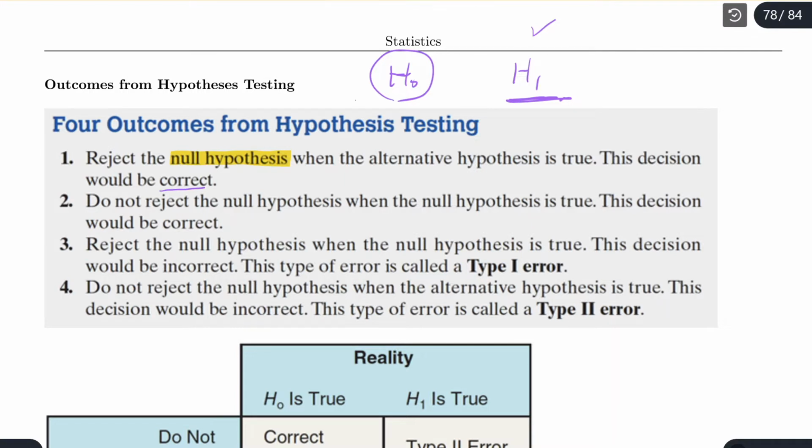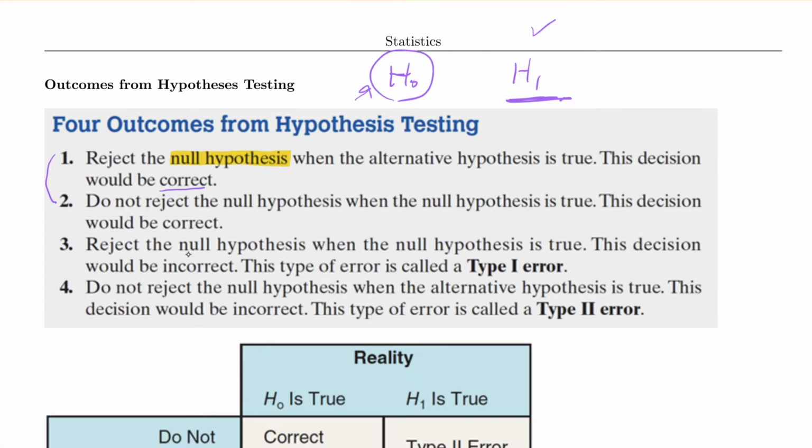If we do not reject H naught, that means we don't throw it away. When H naught is true and we don't reject it, then this decision is correct. So these are the 2 correct conclusions. But it is possible to make incorrect decisions.